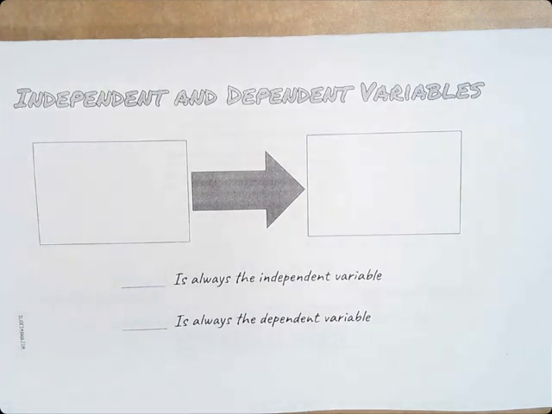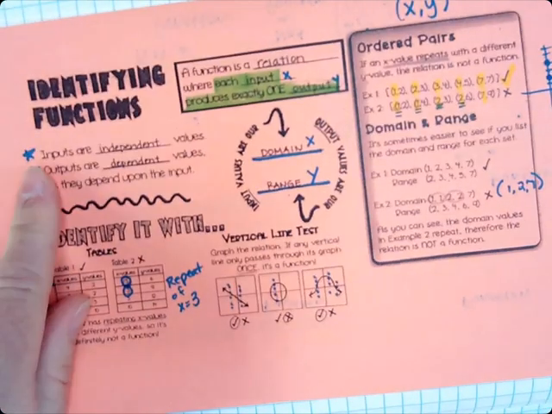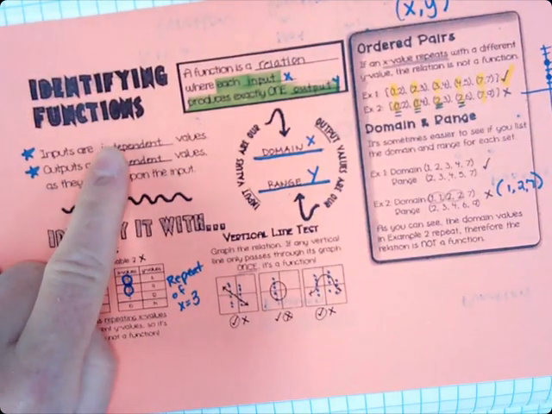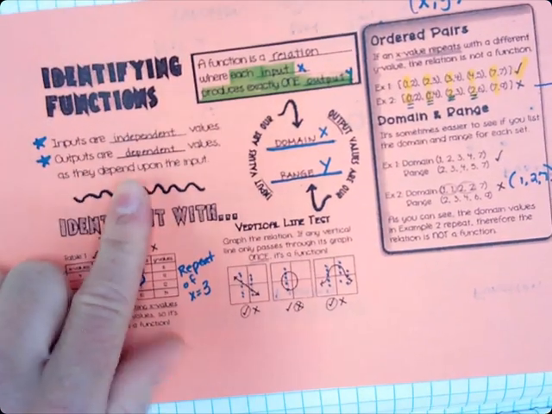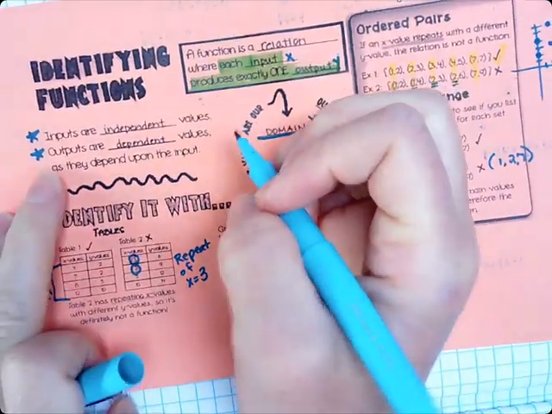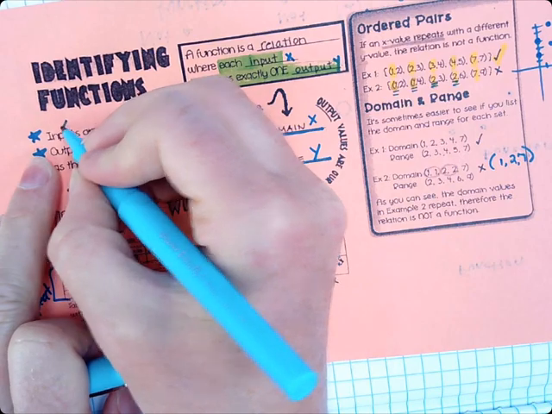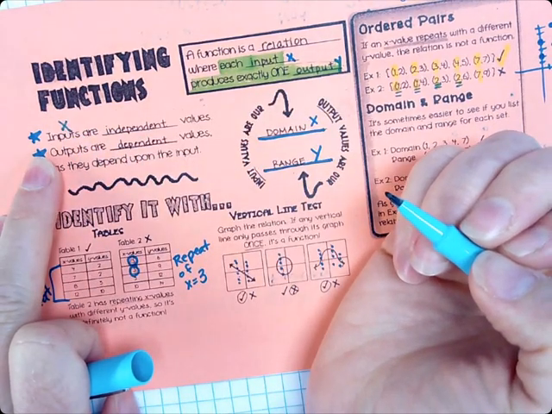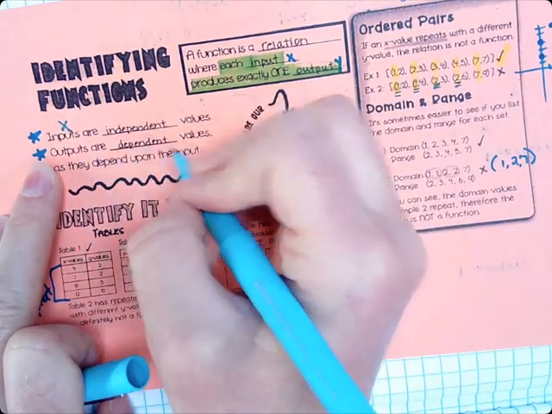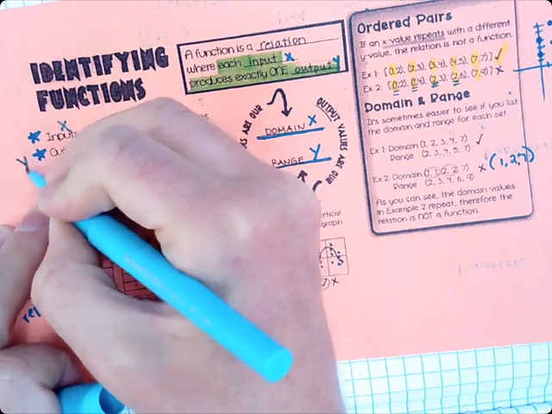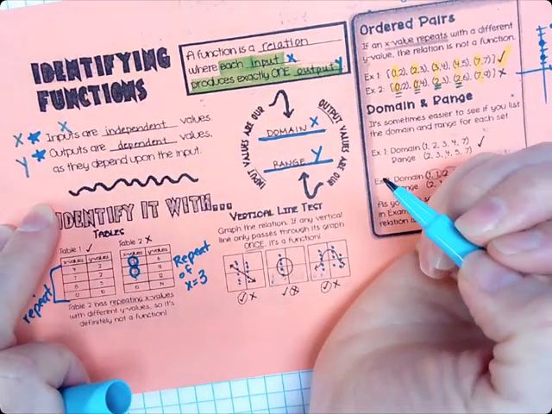Okay, so we talked a little bit about independent and dependent when we had the foldable for identifying functions. So inputs are independent, outputs are dependent. Something you have to remember is input is our x, so put x on top of input. Output is y.